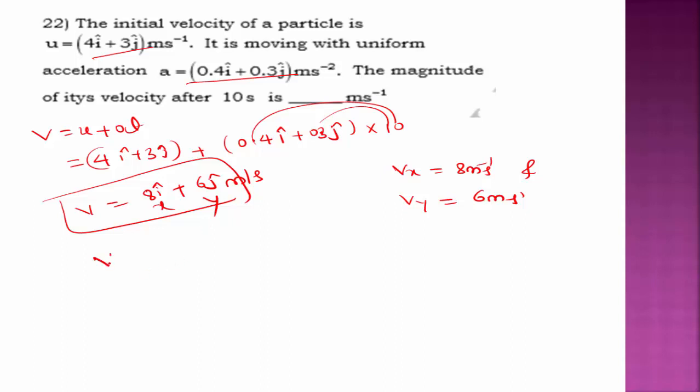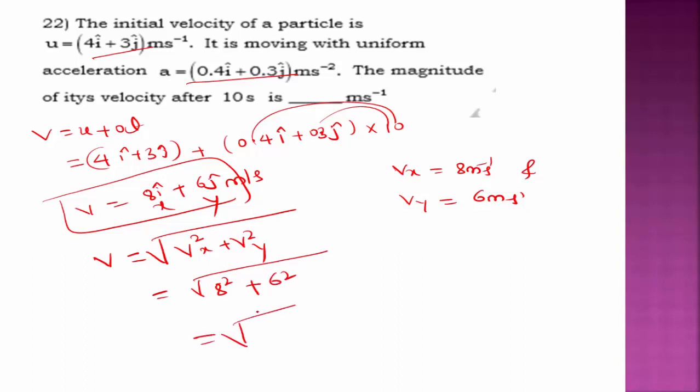Then the magnitude of its velocity is v equal to root of v square x plus v square y, which is root of 8 square plus 6 square. 8 square is 64, 64 plus 36 is 100. Root of 100 is 10 meter per second. Here the magnitude of its velocity after 10 second is 10 meter per second.